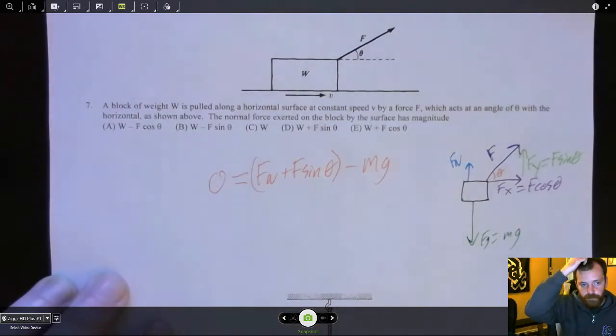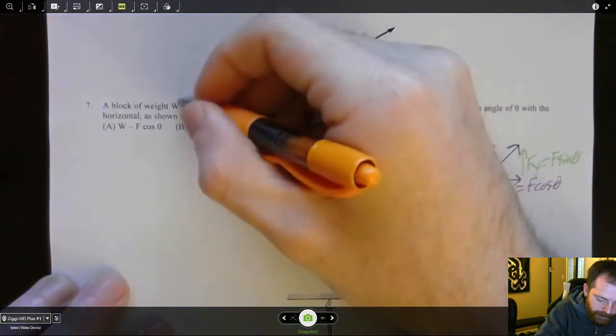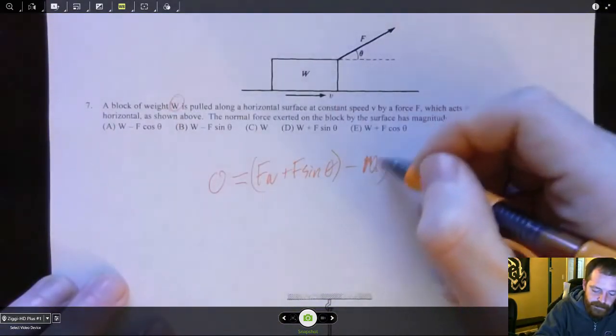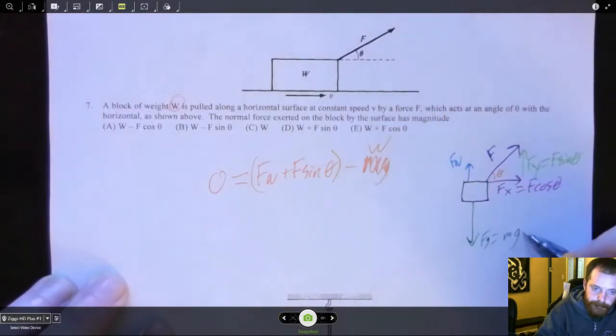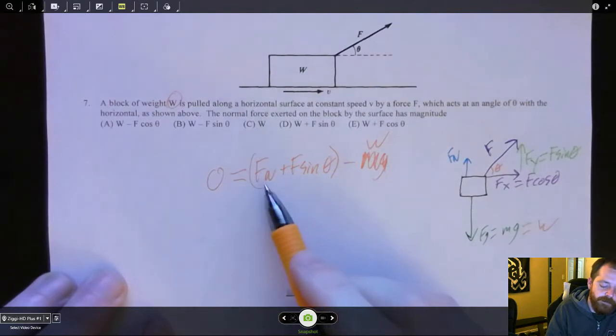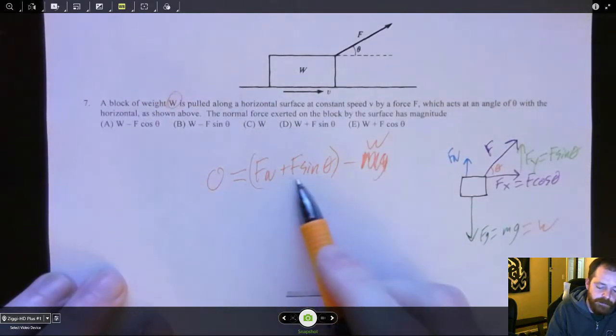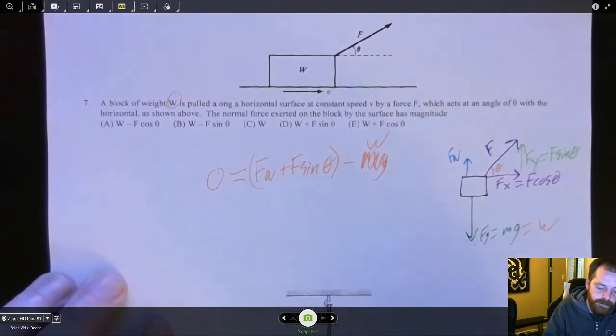we can find the normal force by taking the weight. I guess they labeled the weight here as W. Yeah, weight W. So we'll use that language instead. So we can find the normal force by adding the weight and then subtracting F sine theta on both sides.